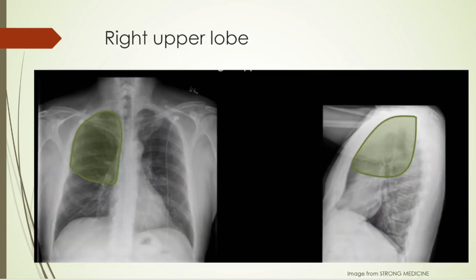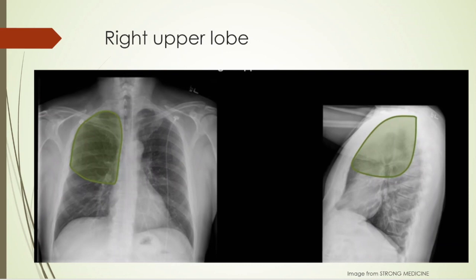So let's talk about lobes. Real quick, I want to mention, and you'll probably hear me in this lecture saying either zones or lobes. Lobes are the actual lobes of the lung. And of course, the right side we have 3, the left side we have 2. The zones are different.